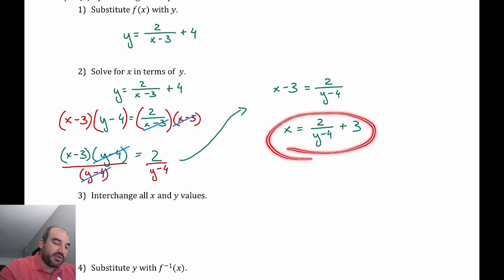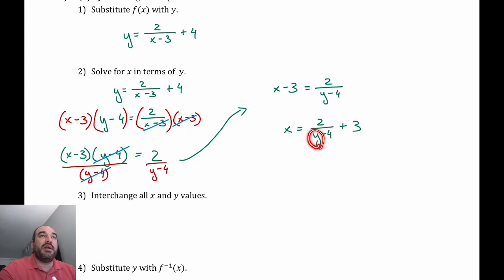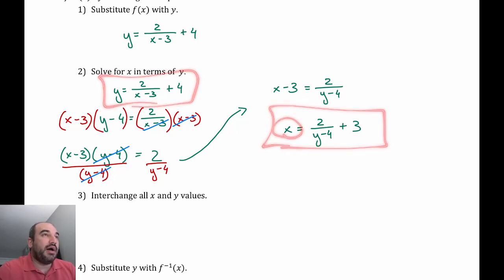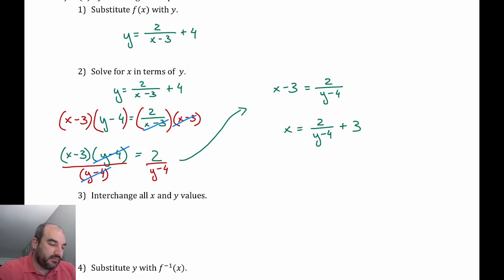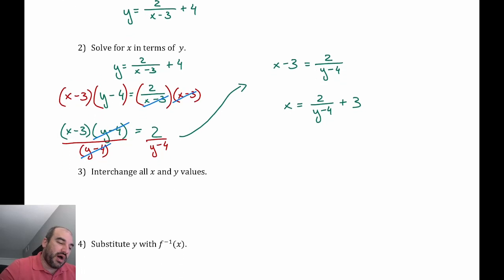Now we've turned this into a function where we're more likely to plug in a number for y and do this operation and then get an output of x. So we've done that switching of roles of the inputs and the outputs by taking the original function and solving for x. So we solve for x, that's going to be our expression in terms of y.